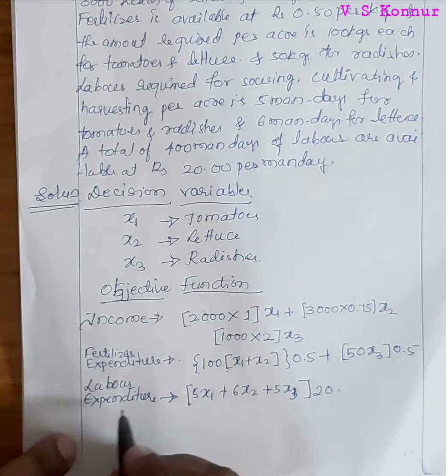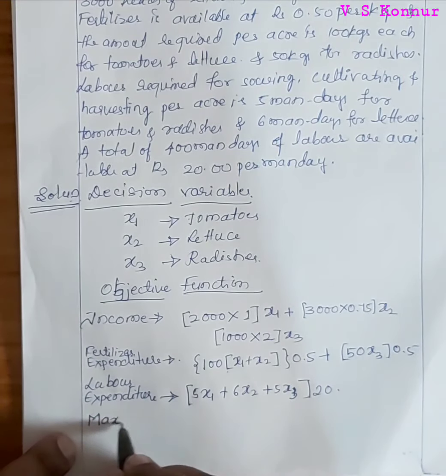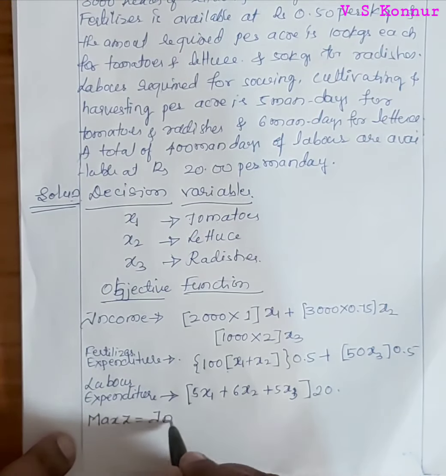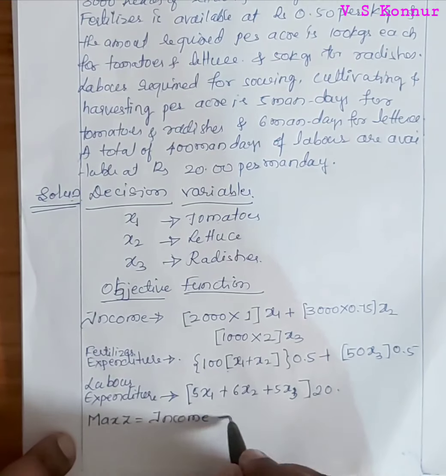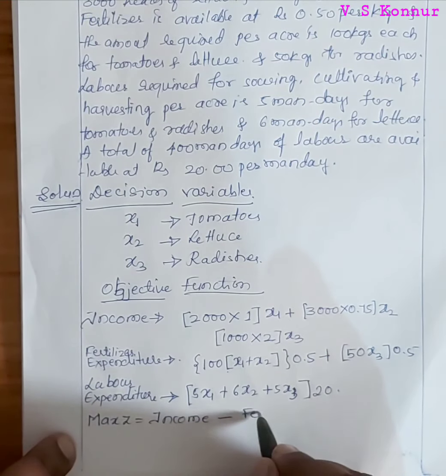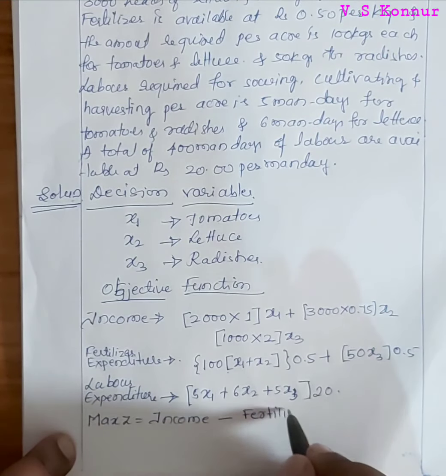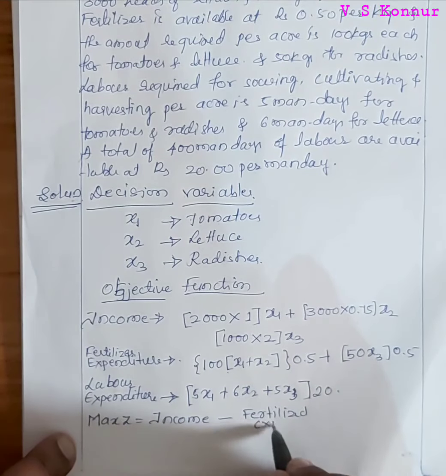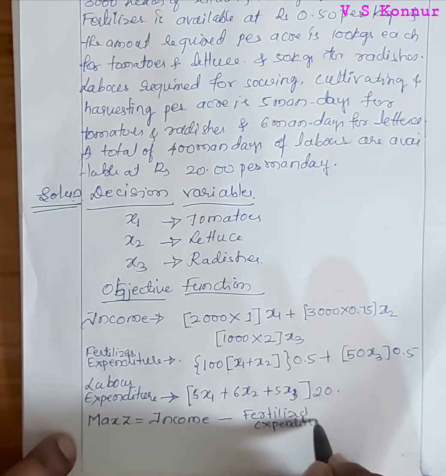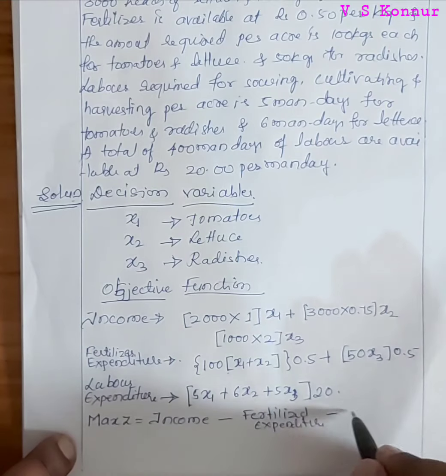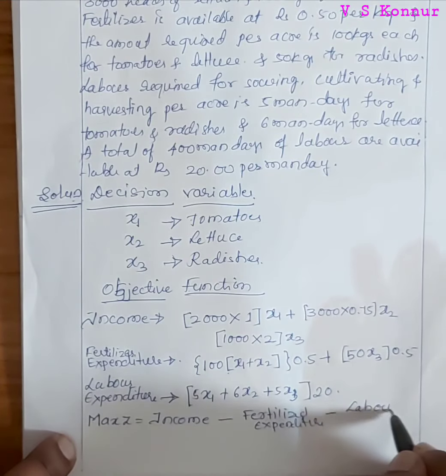So finally, max of Z is equal to income minus fertilizer expenditure minus labor expenditure.